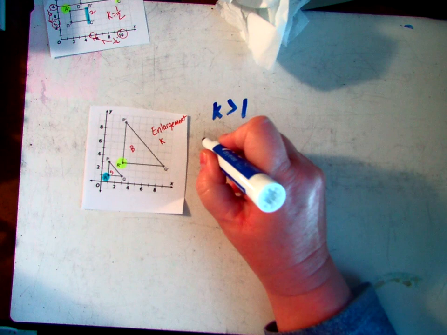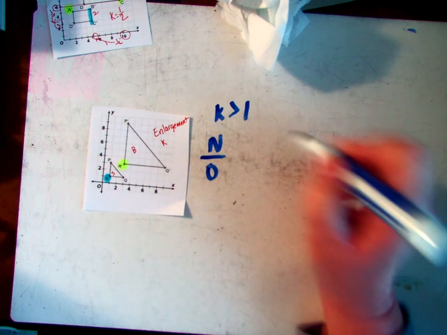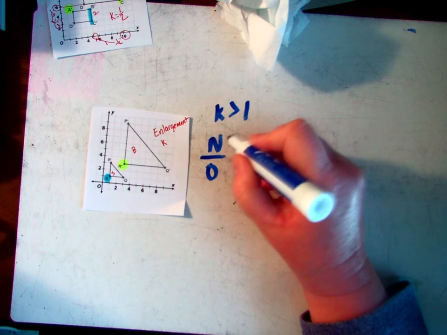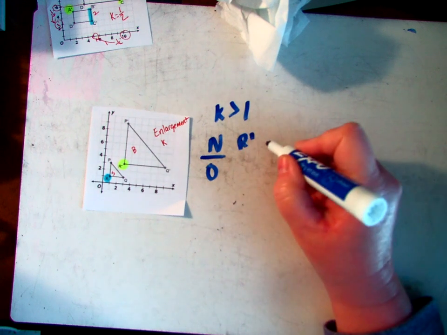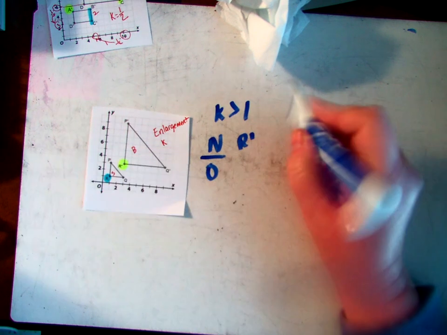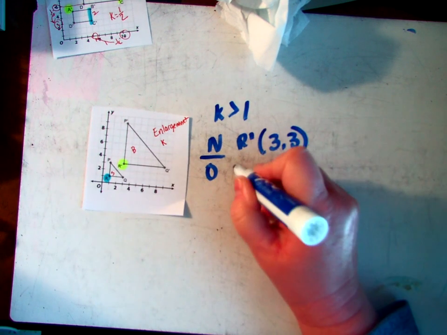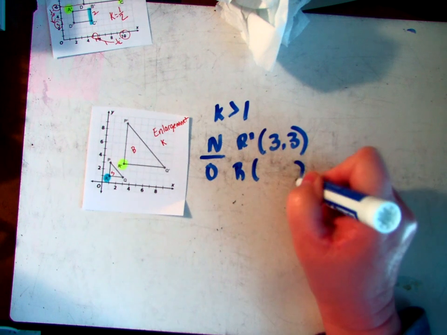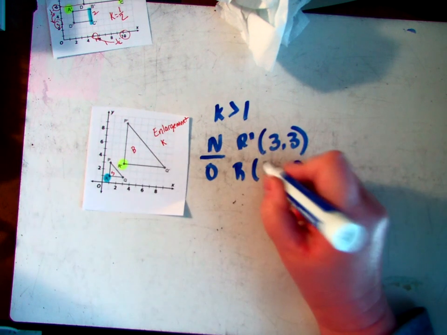Let's look for ordered pairs. Remember we just said new over original. So my R prime ordered pair would be 3 and 3. My original R ordered pair would be 1 and 1.